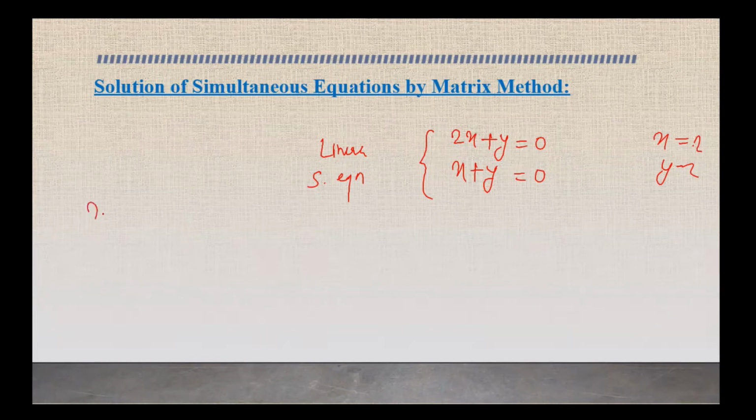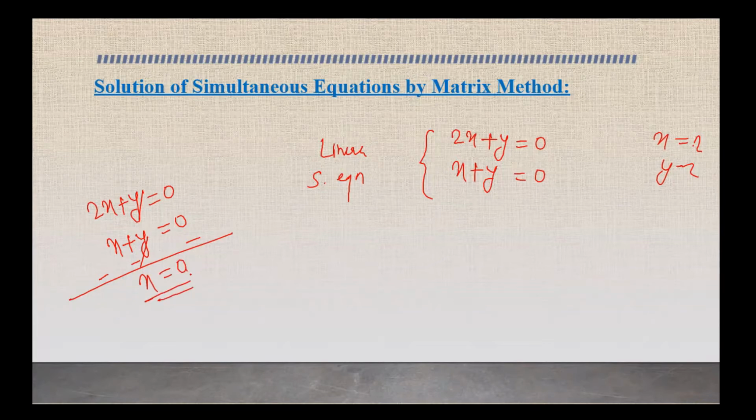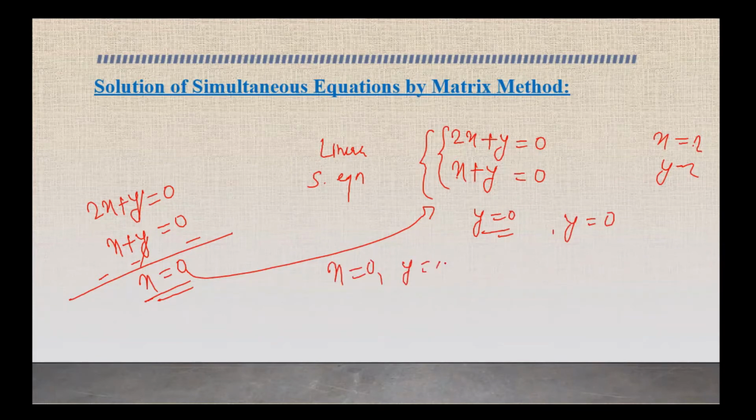Write down the first equation 2x plus y equal to 0, second equation x plus y equal to 0, and subtract. Y gets cancelled, 2x minus x is x equal to 0, and put the value x equal to 0 in any equation. If x is equal to 0, y is equal to 0. So x equal to 0 and y equal to 0 is the solution of this problem.